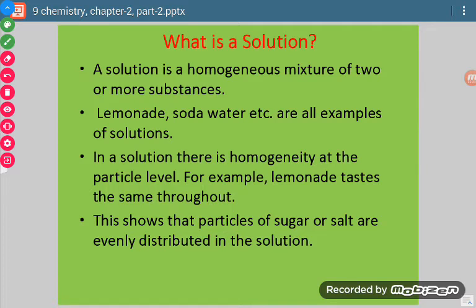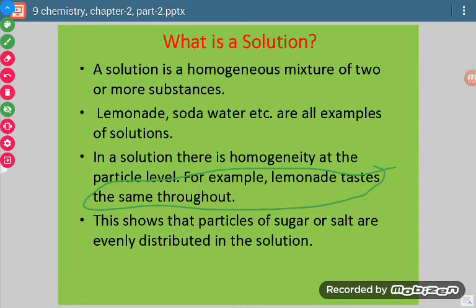In a solution, there is homogeneity at the particle level. What does it mean? It means that lemonade tastes the same throughout. When we take the first sip of lemonade, whatever taste will be there, the same taste will be observed till the last sip.